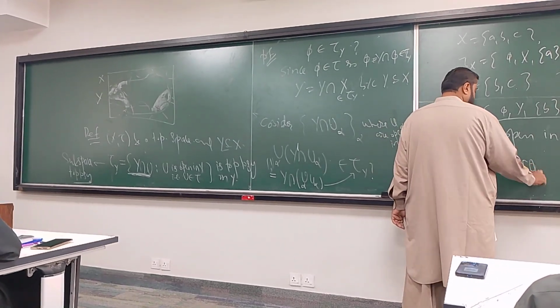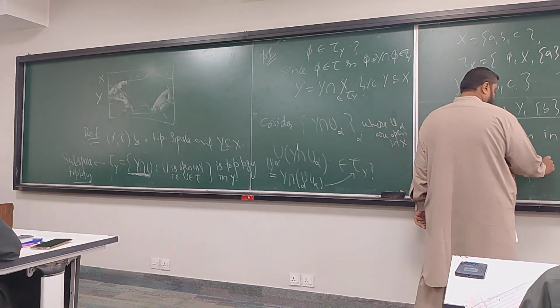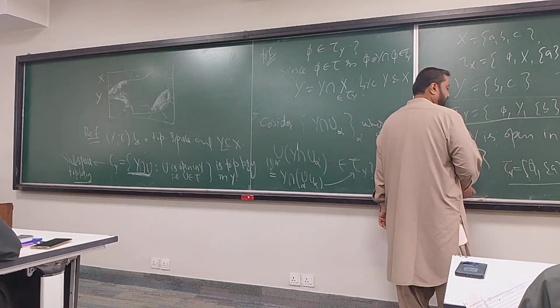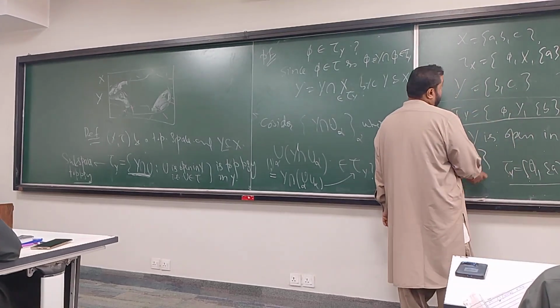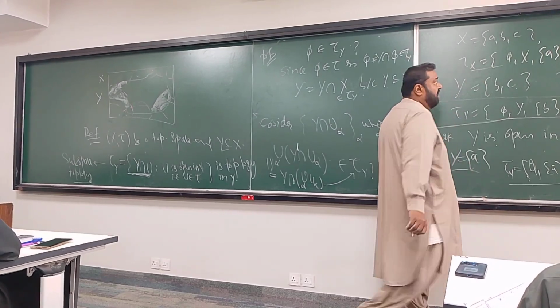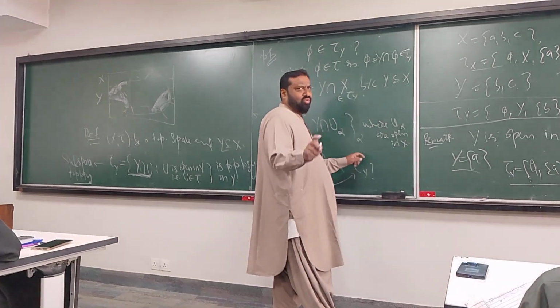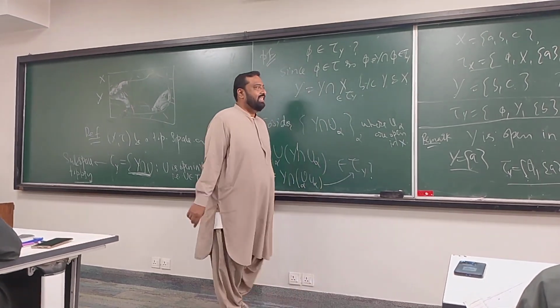There's going to be the empty set and Y. But is this a subset of that? Okay, yes, this is a subset of this. So in that sense it's coarser. Okay, it's coarser.